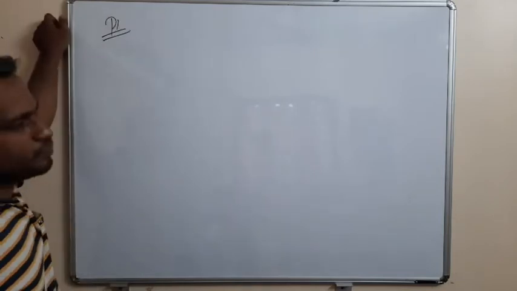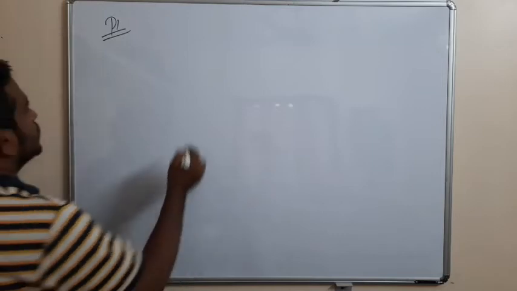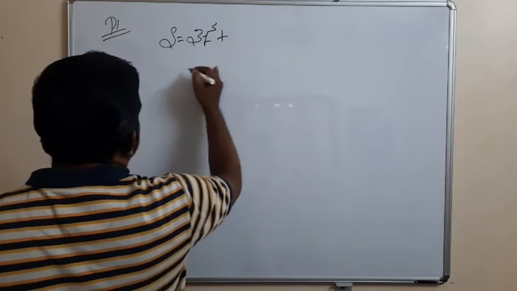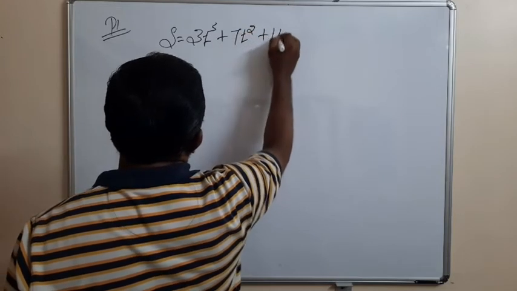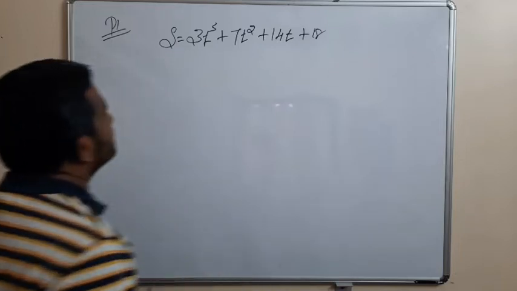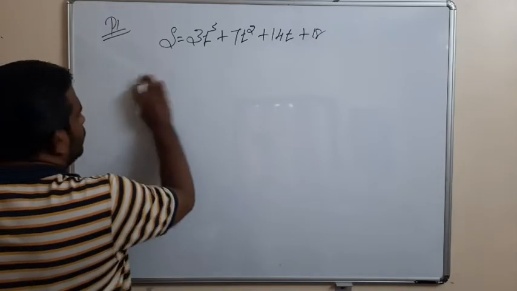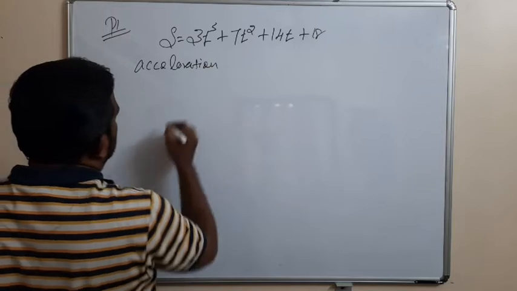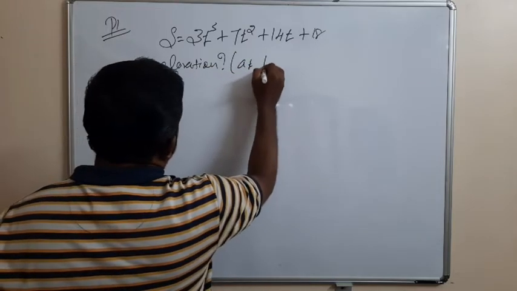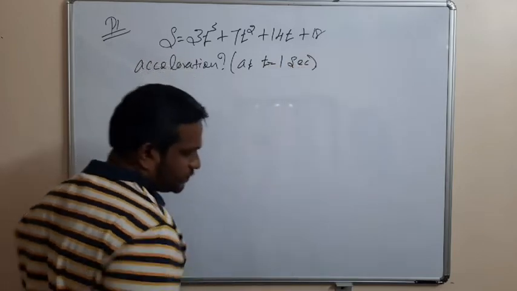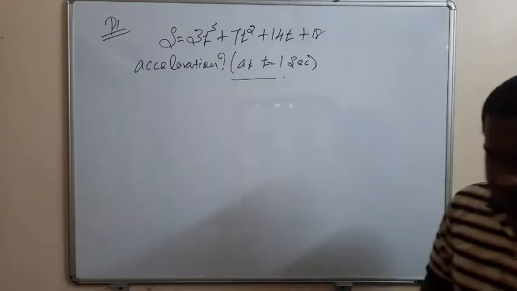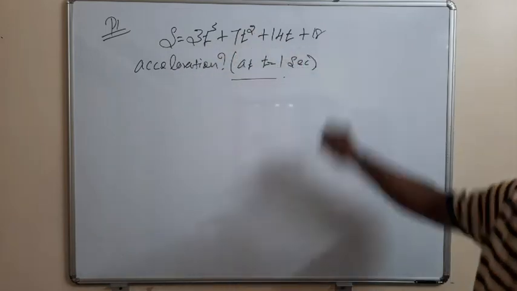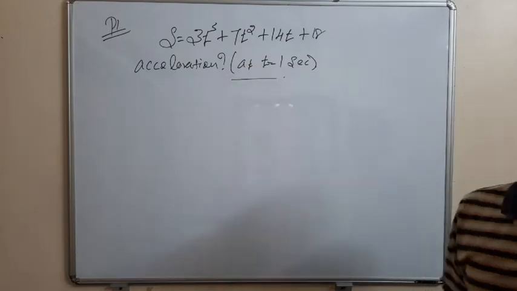An object is moving with the displacement S is equal to 3t cube plus 7t square plus 14t plus 18. We have to find the acceleration at t is equal to 1 second. The displacement of the particle is given as a function of time, and we have to find the acceleration at t is equal to 1 second.